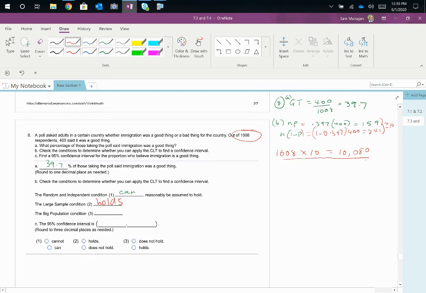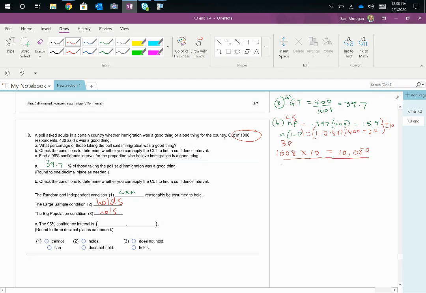There are definitely 10,080 people in a large population in a country. The United States has 300 million people, so this also holds. So this is large sample, and this is big population.